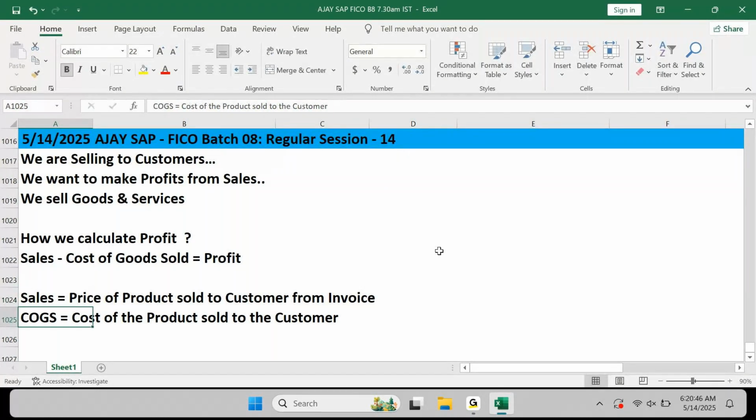Price of the product, and here I'll write cost of the product. Cost and price are not the same, both are different. If profit is included, it is the price. If profit is not included, then it is cost. Is this right? Yes, sir. If cost is given, cost does not include any profit. If price is given, price is inclusive of a profit.